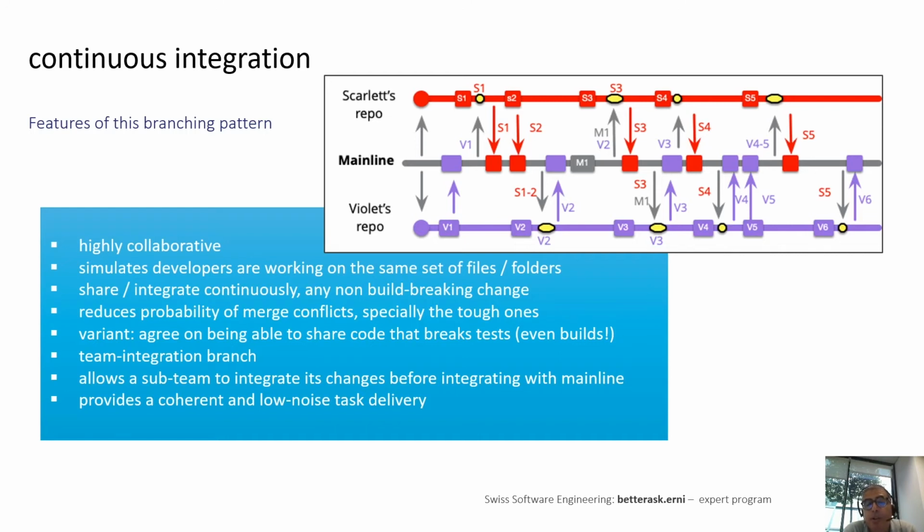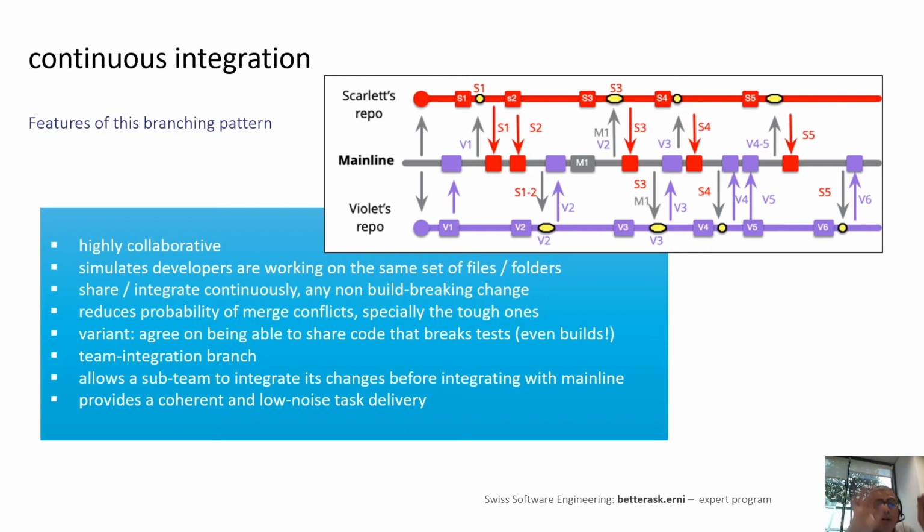The advantage is that it reduces drastically the probability of having any merge conflict at all, and especially the toughest ones. As a variant, you may agree on being able to share code that breaks tests. I'm going to share you this; it doesn't work because I have not finished, but maybe you can have the definition of the method and use it for compiling your code.